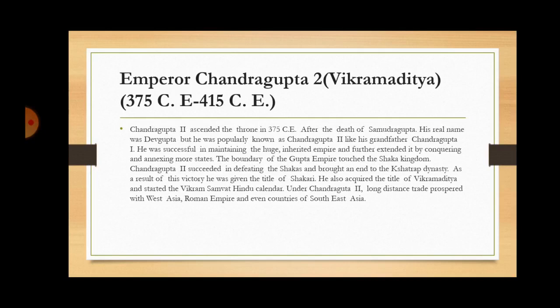Chandragupta II and Kumaragupta gold coin. He revived the custom of Ashwamedha Yagna to assert his political supremacy. He issued coins on that occasion. He also assumed the title of Maharaja.